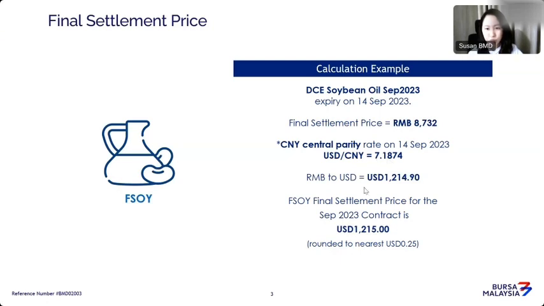Now we use this rate to convert to US dollar, which gives us 1,214.9. As for FSOY, the minimum fluctuation is 0.25 US dollar, so we'll round up to become 1,215 US dollars. So this will be the final settlement price for FSOY. This is how it works.